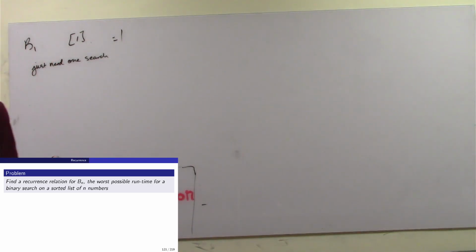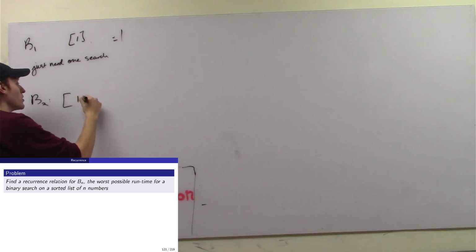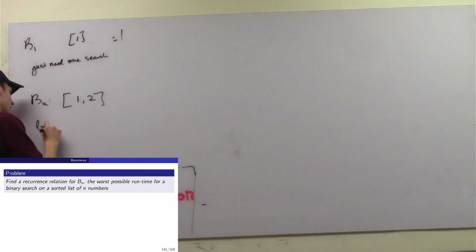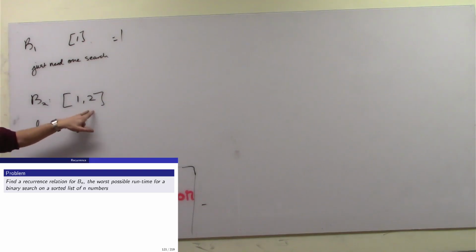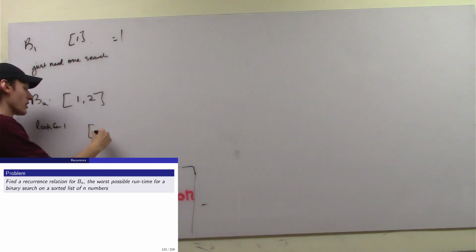B sub 2. Here I have maybe two numbers, 1 and 2, and let's suppose I'm looking for the number 1. The idea is I look at the middle and go to 1 higher. So I have 1, 2 here.